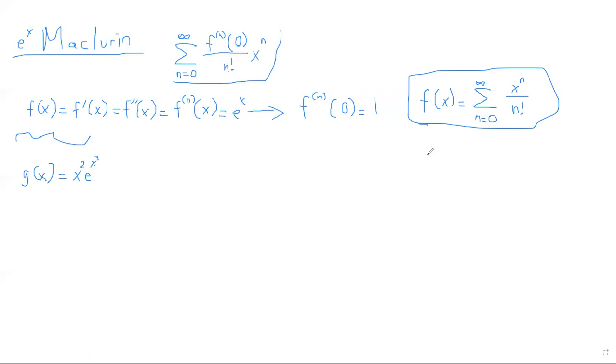Okay, well, first of all, notice in the summation part, it only focuses on n, the variable n. It doesn't consider the variable x. So we can just strictly say this is x squared times the series of n equals 0 to infinity. I'm going to point out that this is e to the power of x cubed here.